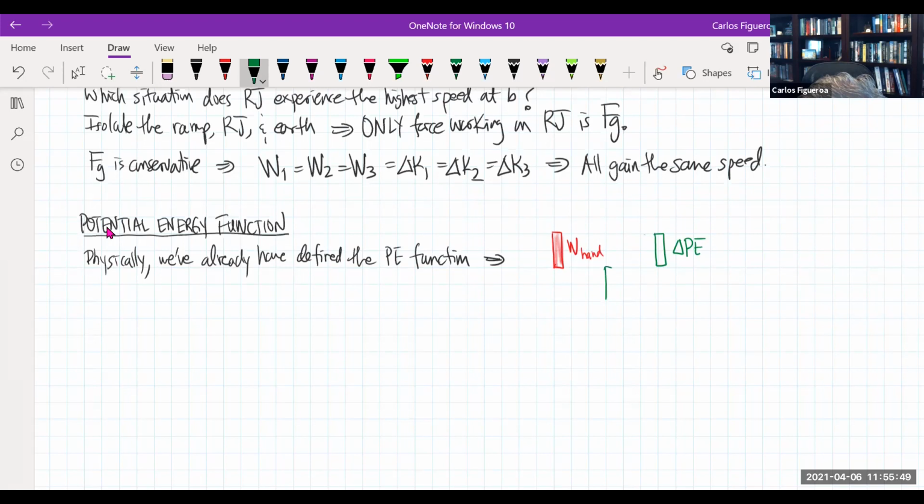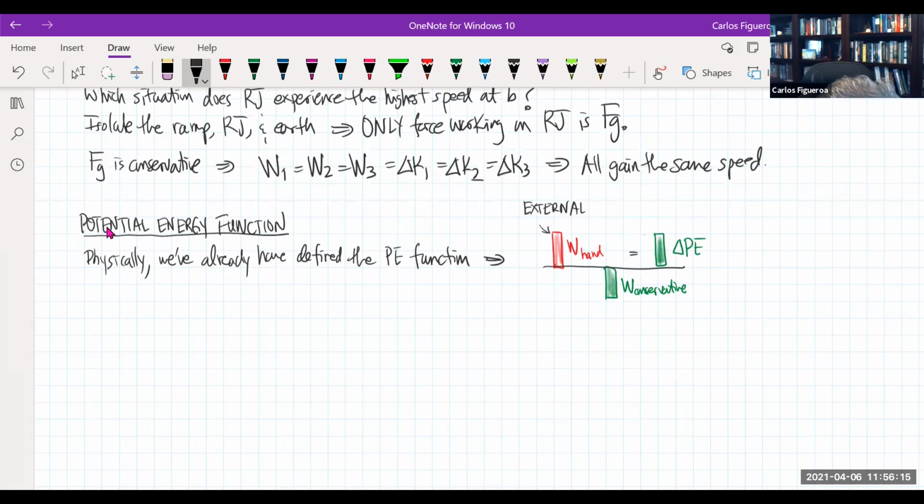And if I only focused on internal forces, what we said here is that when I look at this system, if I looked at the work of my hand, this guy was what? External.